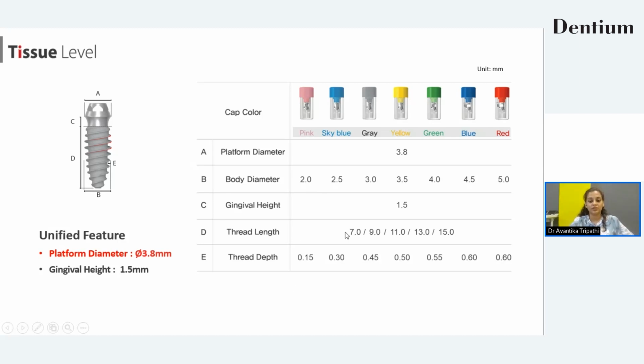The fixture lengths are the same as the bone level, available in 7, 9, 11, 13 and 15. The gingival height of this fixture is a standard 1.5 mm to avoid any confusion. So this fixture is made very simple to understand and very simple to use.